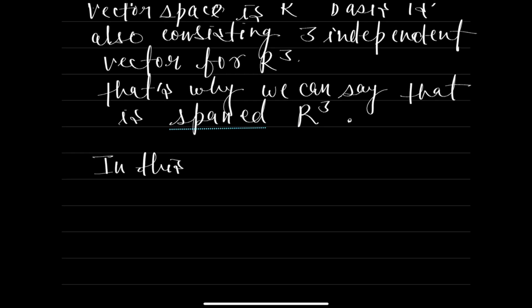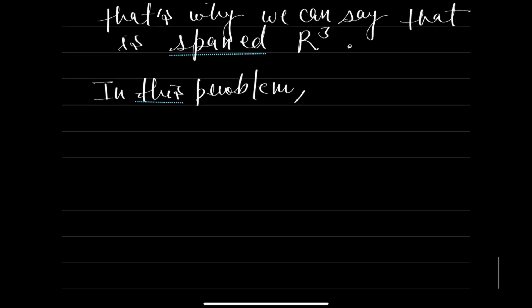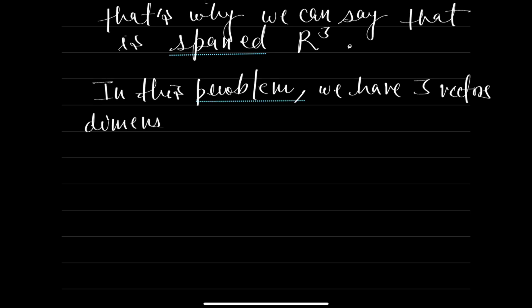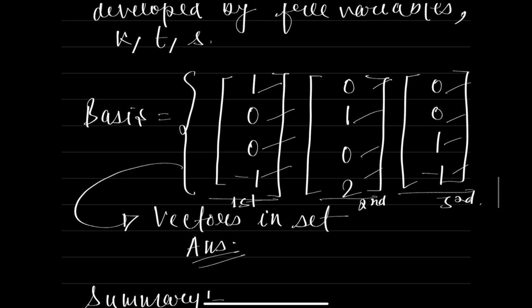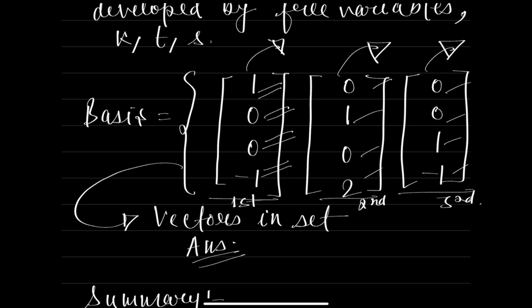In this problem we have three vectors of dimension 4. Let me show you. This is the first, this is the second, and this is the third vector. Dimension first, second, third, and fourth. In each vector we have 4 dimensions.